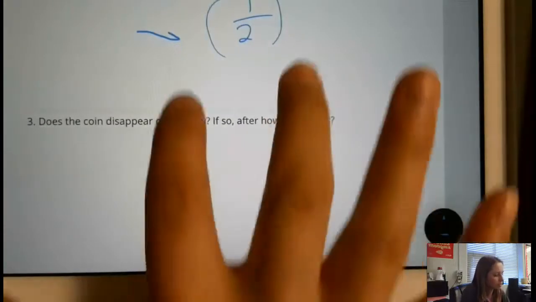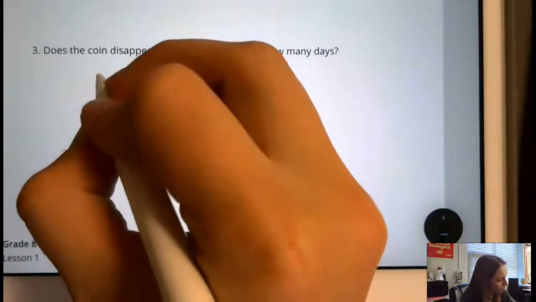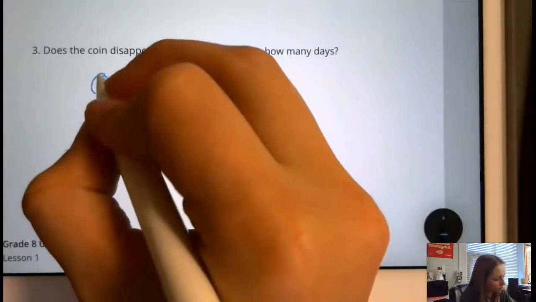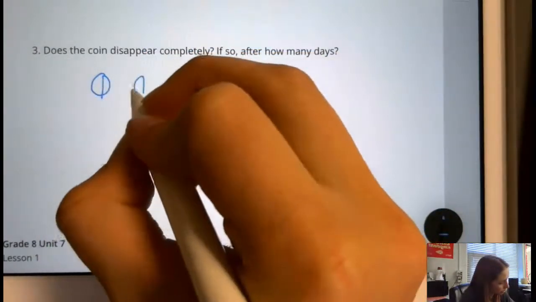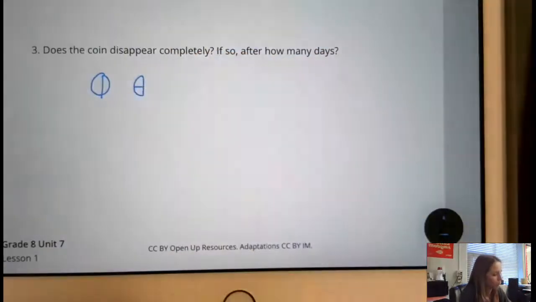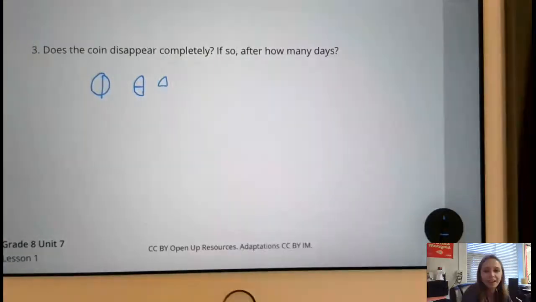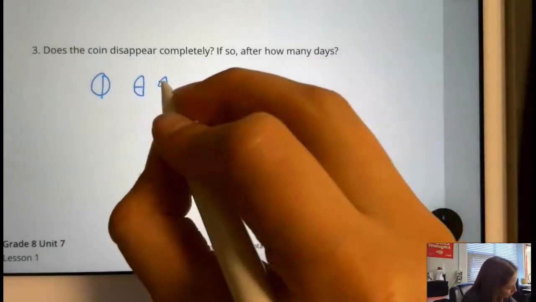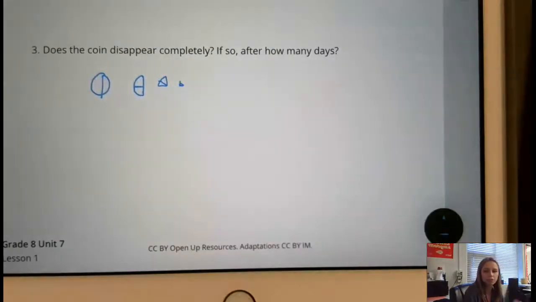Alright, now it says, does the coin disappear completely? If so, after how many days? Well, we start off with a whole coin, and then the next day it splits in half. So now we're left with half of that coin. Well, after that, we are left with half of what we had that day. And it's just going to keep splitting each time and continuing.